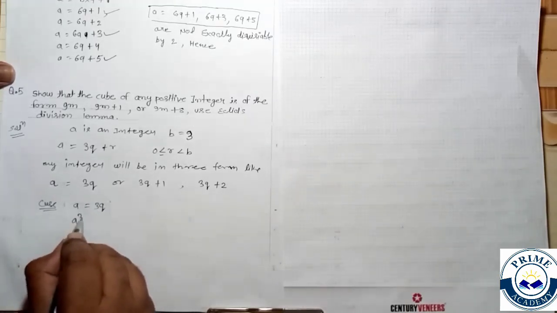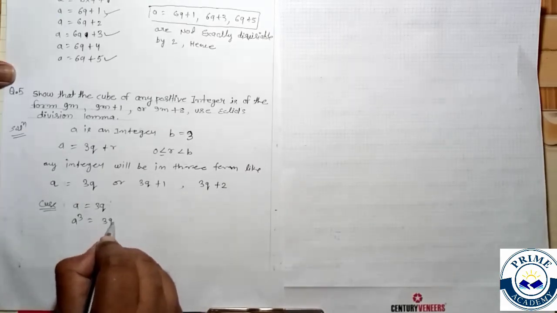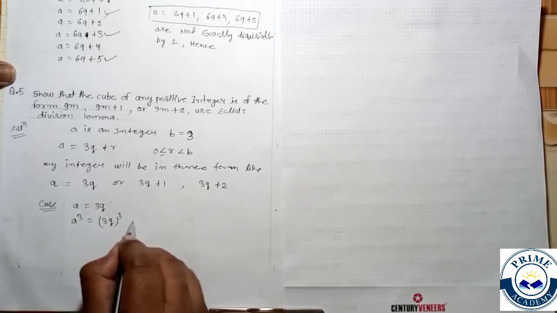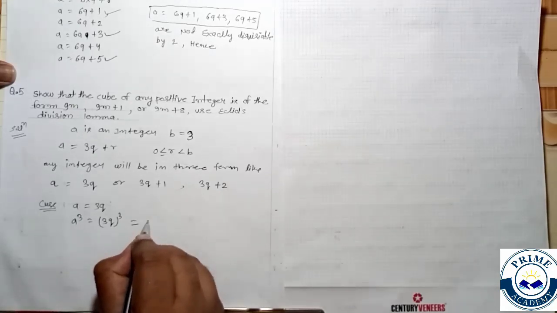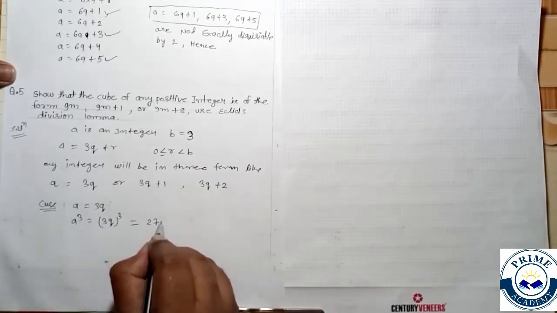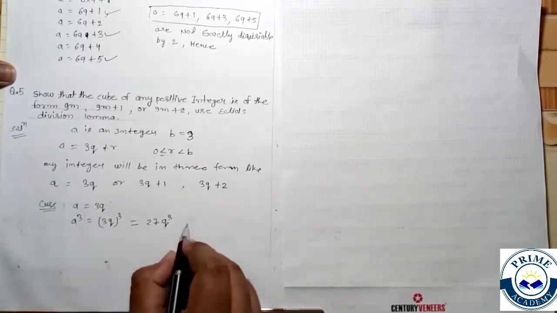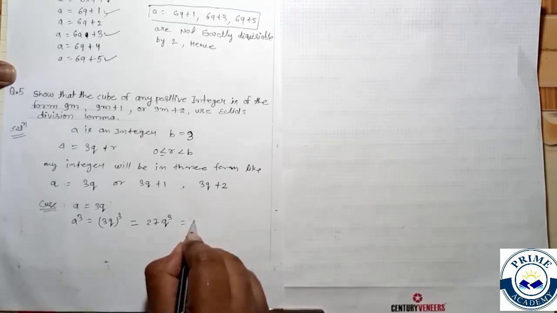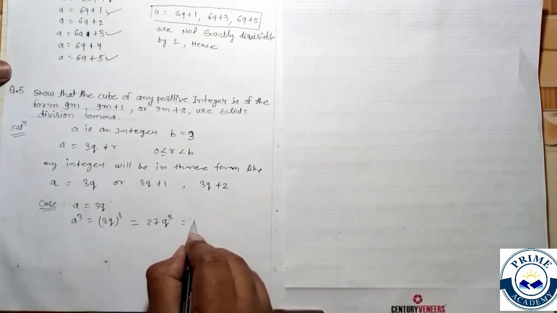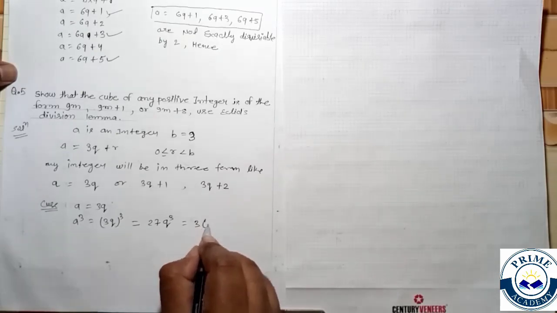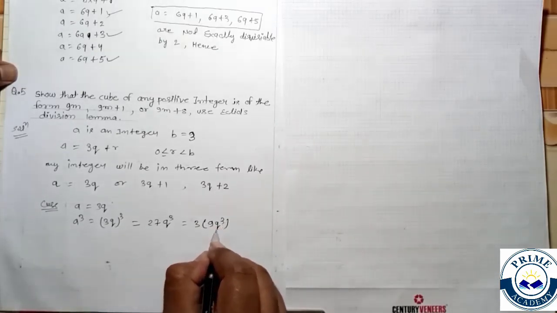Then cube both sides, you will get a cube equals 27q cube. If I take 3 common here, this will be 9 times 3q cube.